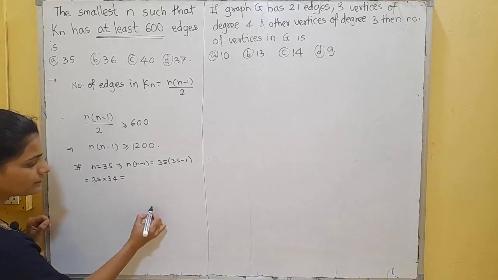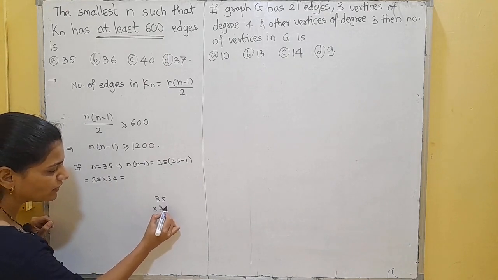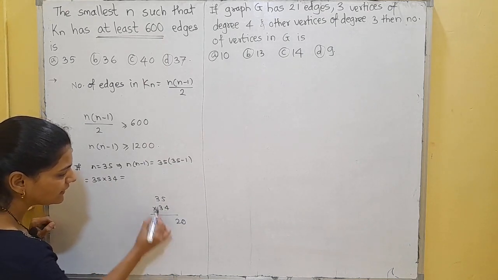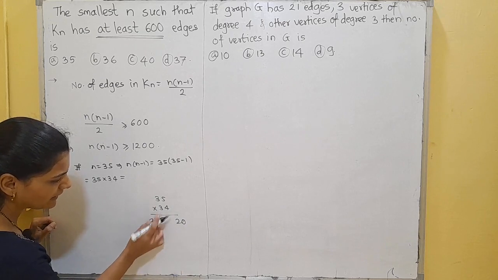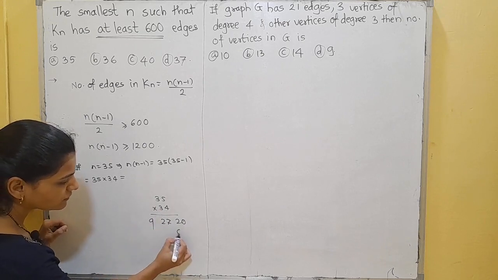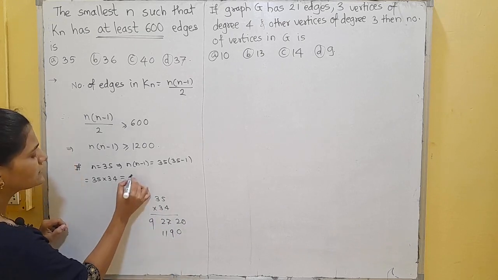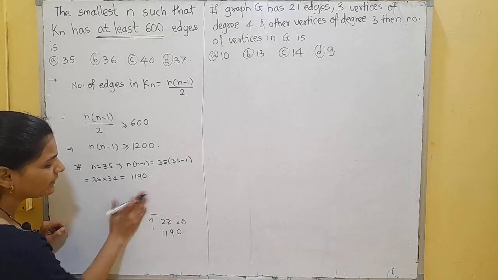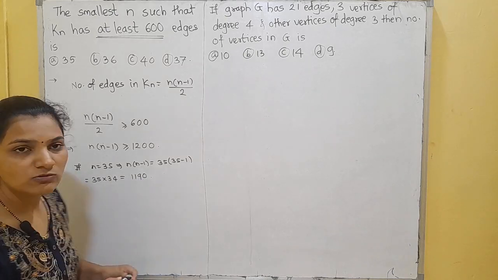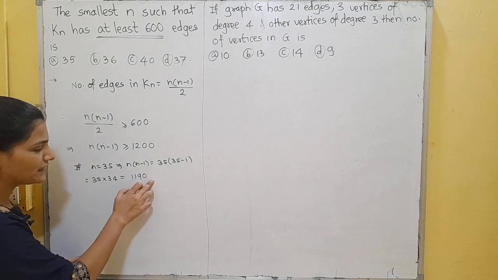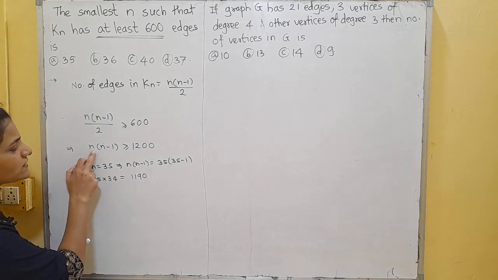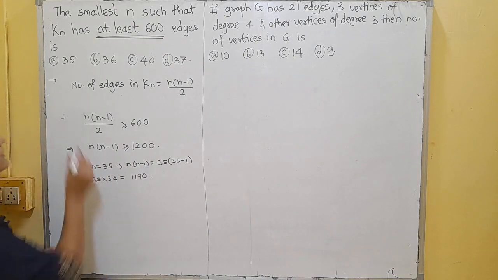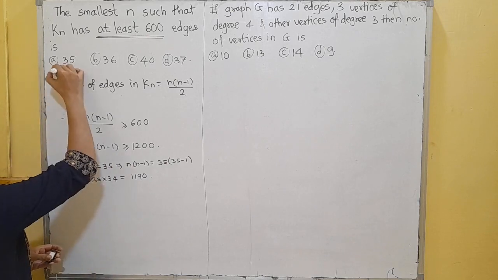Calculating, 35 into 34 is 1190, and 1190 is not greater than or equal to 1200. So option 1 is incorrect.